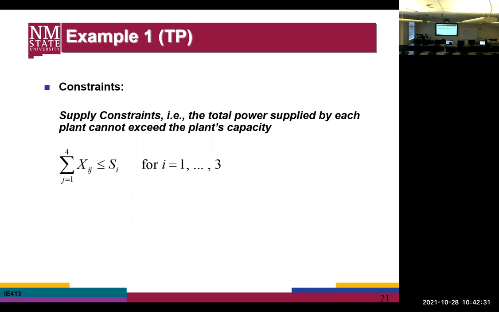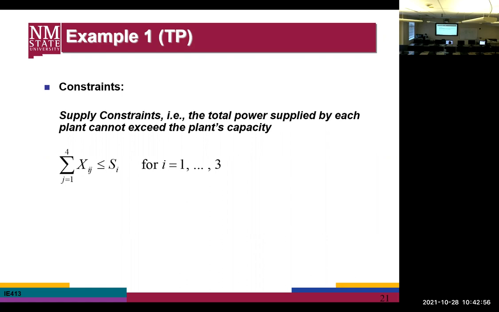And the constraint sets, right? So in our case, the power company faces 2 types of constraints. The first one is that the total power supplied by each plant cannot exceed the plant's capacity. That is what we call the supply constraint.